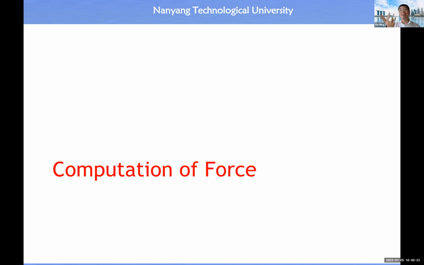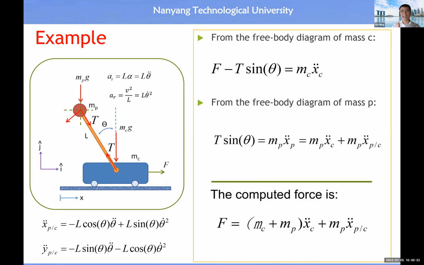Indirect measurement of the force means computing the force from the knowledge about a related physical quantity. So we take an example from a previous lecture, where we studied all these equations.